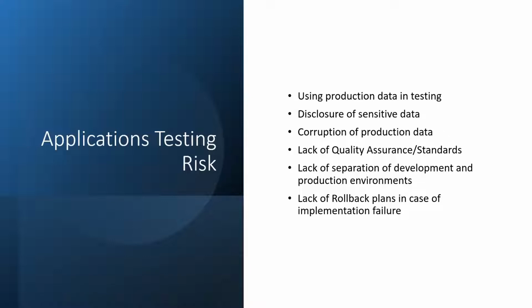No rollback plans in case of a project or a systems implementation failure. We're rolling out a new application to the entire business, and we don't have any rollback plans in the eventuality of the application failing.